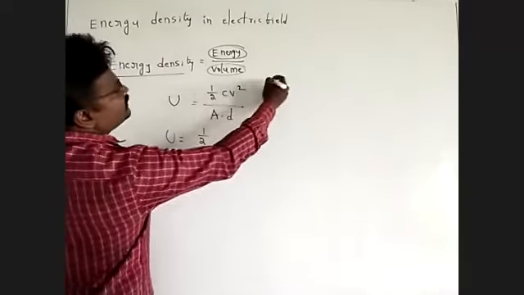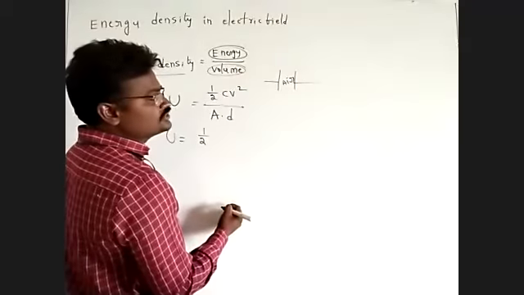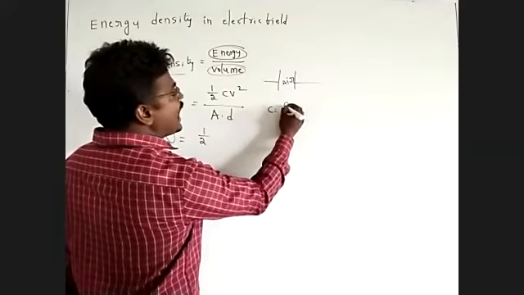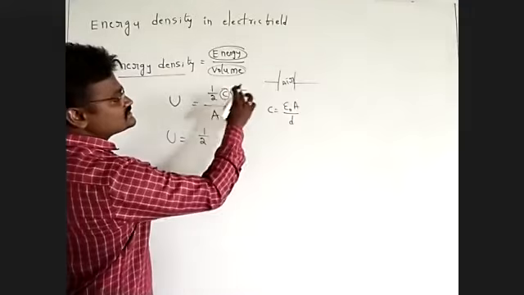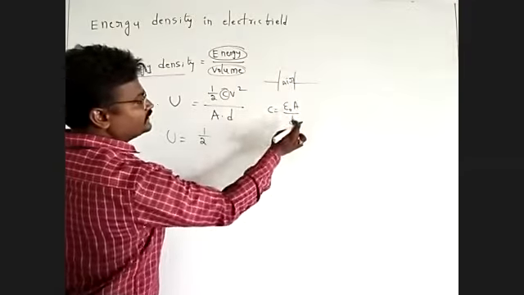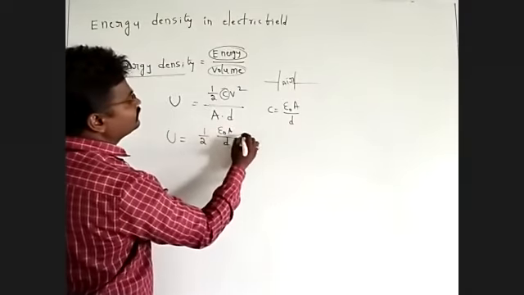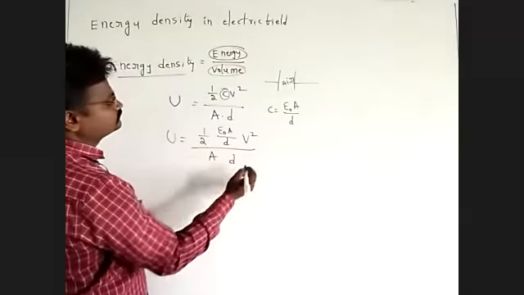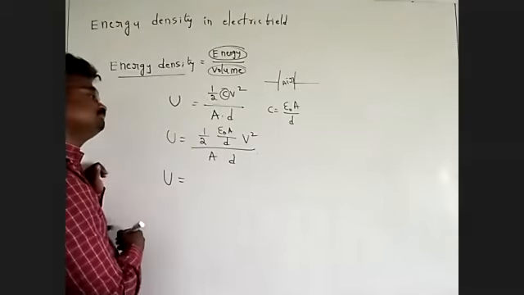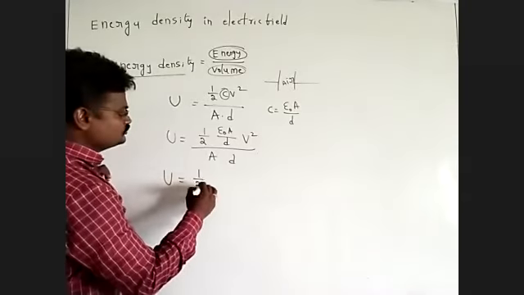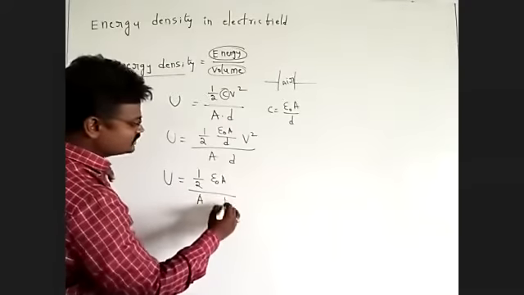This is a parallel plate capacitor with vacuum between the two plates, so C is equal to epsilon naught A by D. Now C is replaced by epsilon naught A by D. So U is equal to 1 by 2 epsilon naught A by D, V square, divided by A D. Taking A down, D into D gives D squared.